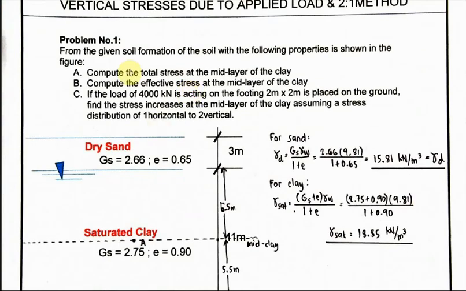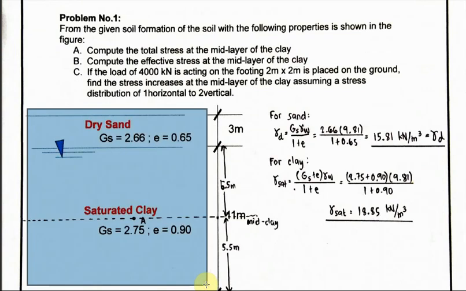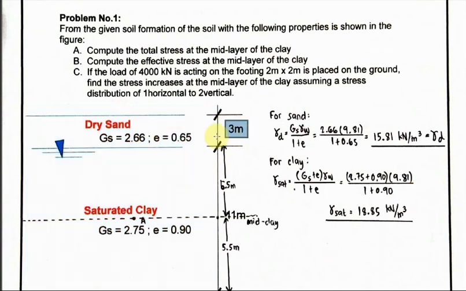From the given soil formation, the soil with the following properties is shown in the figure. We are given a soil layer with different soil types. The upper layer is 3 meters in height. It is dry sand with a specific gravity of 2.66 and a void ratio of 0.65.